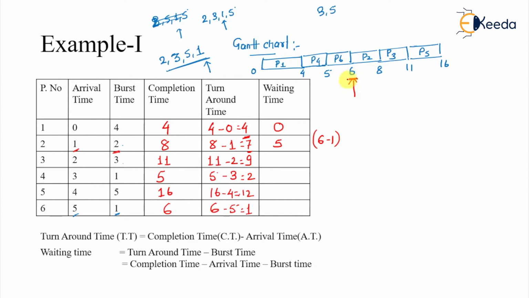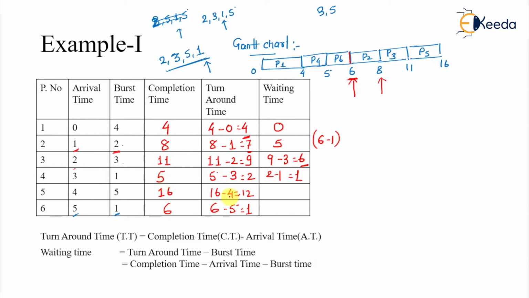We don't have a standard terminology for this particular time. For P3, out of 9, 3 is the burst, so 9 minus 3 makes it 6. Here also you can see P3 is scheduled first at 8, arrived at 2, so 8 minus 2, 6, is its waiting time. For P4, 2 out of 2, 1 is the burst time, so 2 minus 1 is equal to 1.